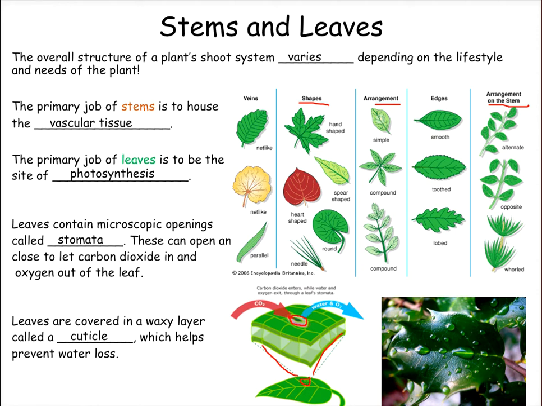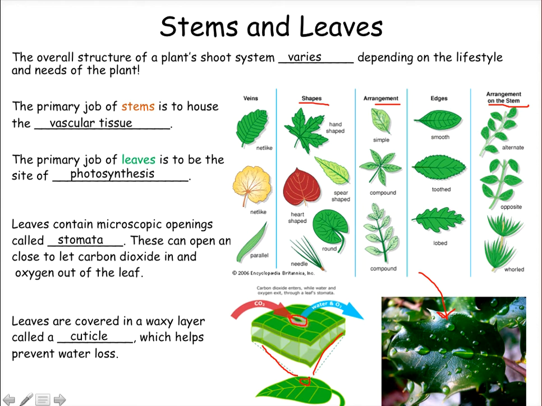This is why often when you look at leaves like this one here, you can see a waxy or shiny layer on the outside. That's the cuticle. And this is also why water from the outside will form drops on the outside of the leaves, because that waxy layer is a waterproof layer.